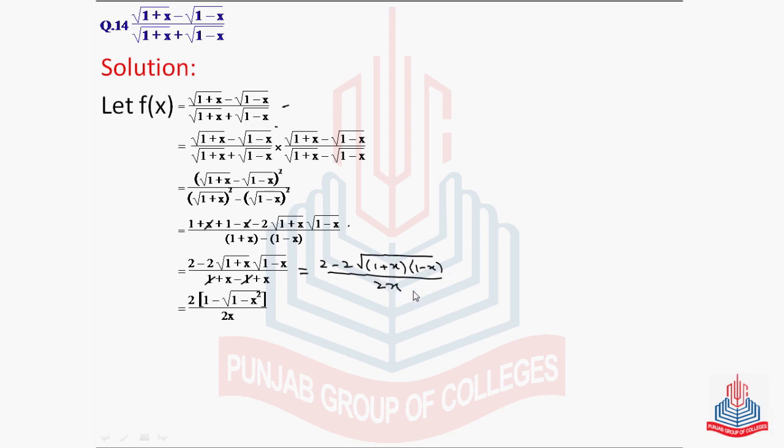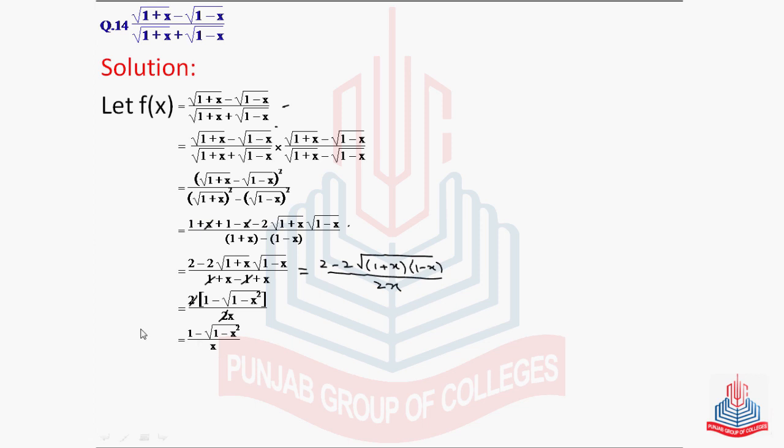So we take 2 as a common factor, so we have 1 minus square root, and this 1 + x and 1 − x will become 1 − x². The 2 will be cancelled out. The expression which is left is (1 − √(1−x²)) divided by x.